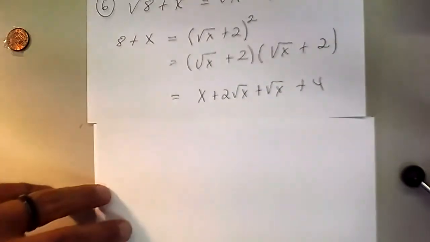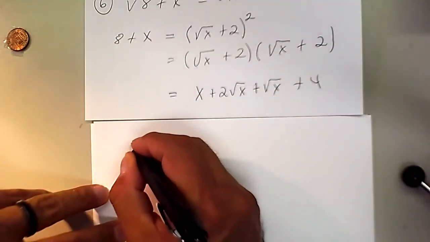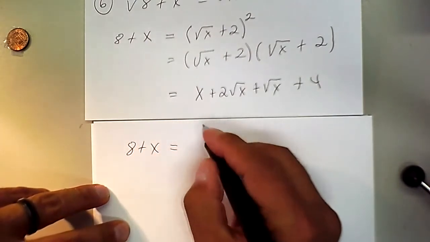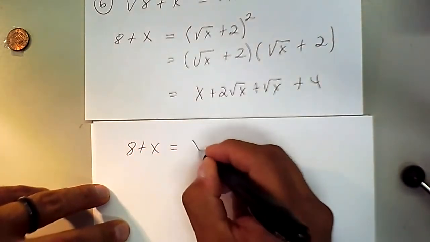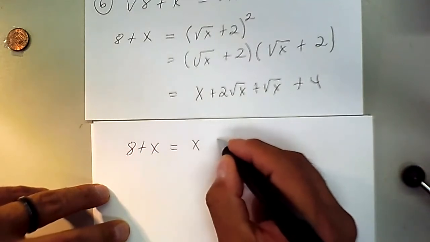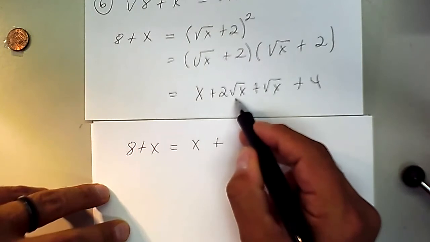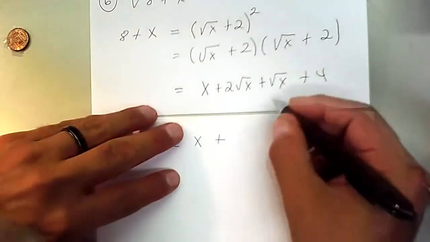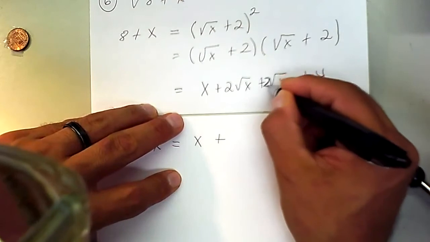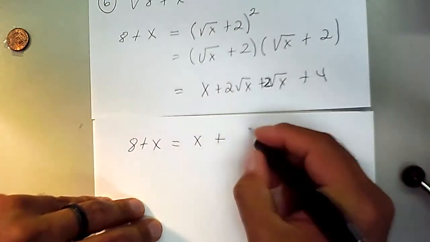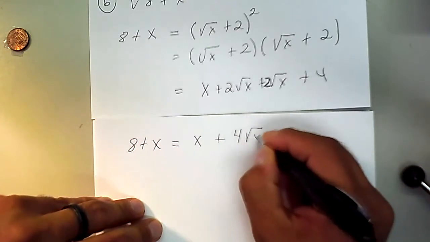So 8 plus x is still equal to x, interesting, plus 2, and I missed the 2 here. Yep. 2 root x plus 2 root x, so we have 4 root x, plus 4.